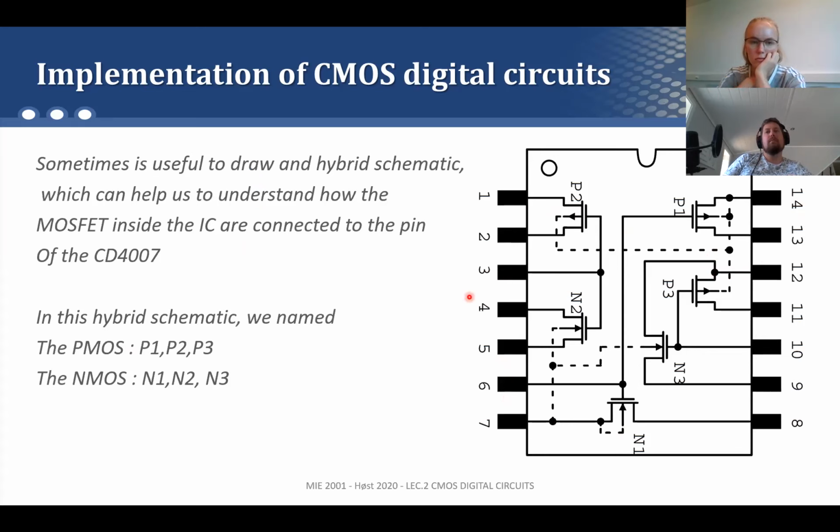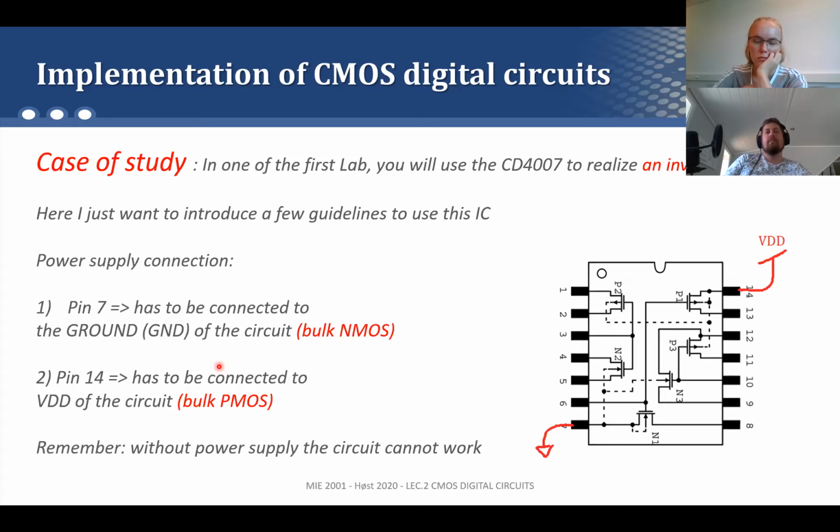So this one should make life easier. The dashed line is the bulk of the PMOS, and here the dashed line is the bulk of the NMOS. So maybe when you draw on paper, you can use this one if you wish. Again, P1, P2, P3 are PMOS, and N1, N2, N3 are NMOS.